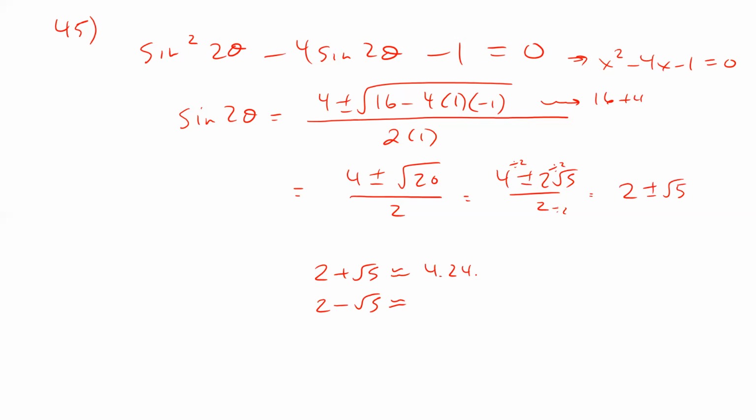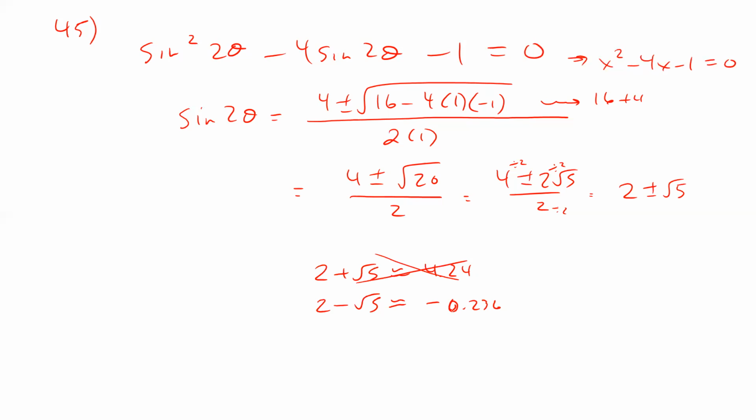It's more than 1, so that's not going to work. Thank you, Hayden. How about 2 minus root 5? Negative 0.236-ish. Okay, that's the one we're going to concentrate on, and it's negative, of course, just to make our lives more enjoyable.